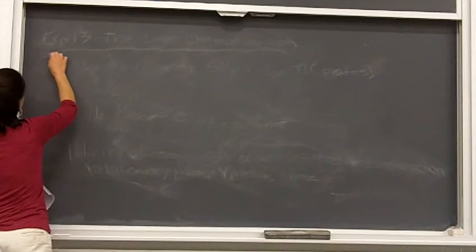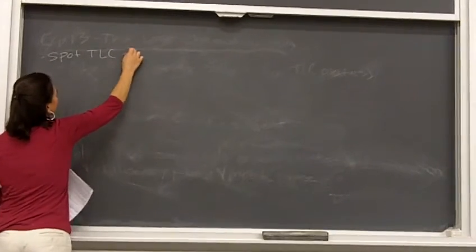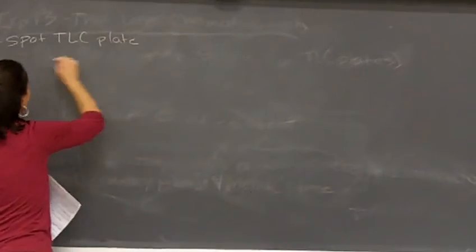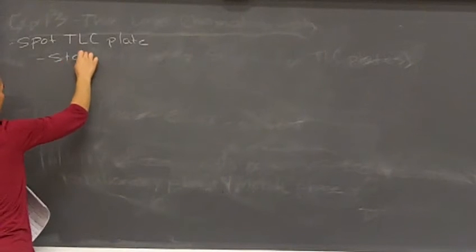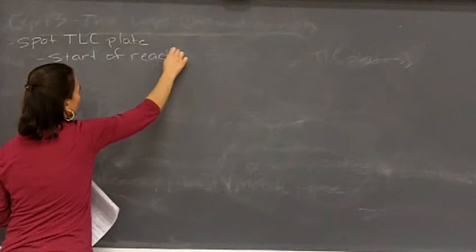So you're going to spot the TLC plate at the start of the reaction. So you're going to have your N-phenylmaleimide dissolved in your ethyl acetate. You're going to go get your cyclopentadiene from your instructor. The moment you get back to your hood, you're spotting that reaction because the reaction's so quick. If you wait around, you're not going to basically get the start of your reaction. It will have all reacted on you.